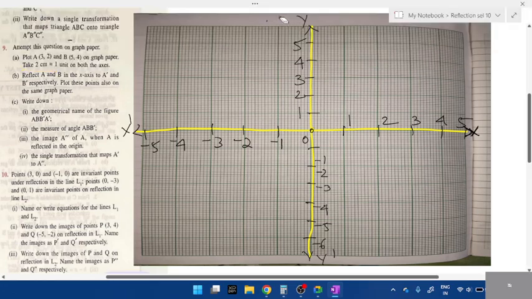Yes, Abhi. No, no. Take 2 centimeter as 1 unit. So did she write 2, 4, 6, 8, 10 or 1, 2, 3, 4, 5?